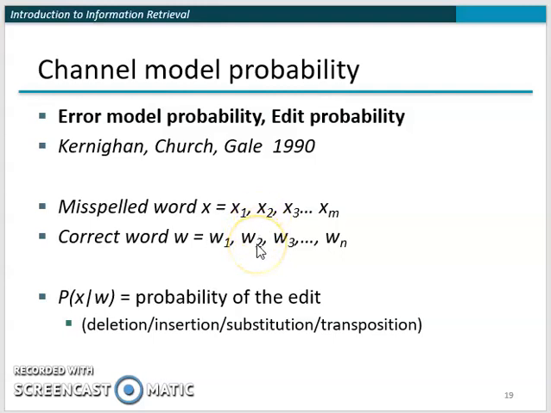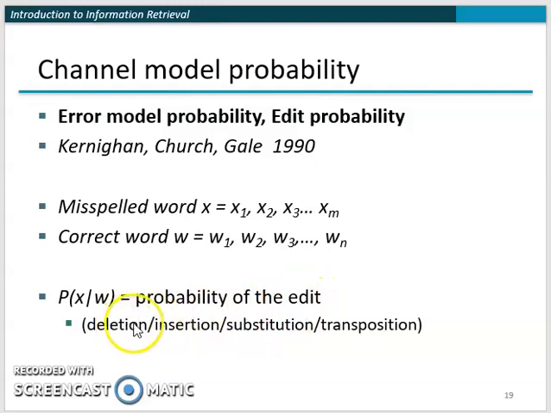So maybe this W2 was written as X2 in the misspelled word, or this W3 was replaced by X3 in the misspelled word. So that is why it is called probability of the edit, because this is one edit.